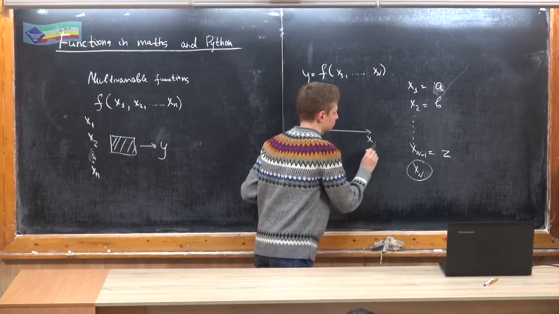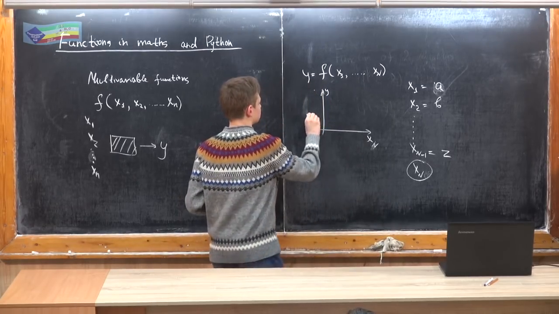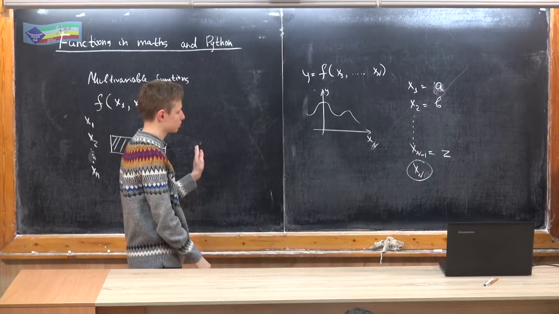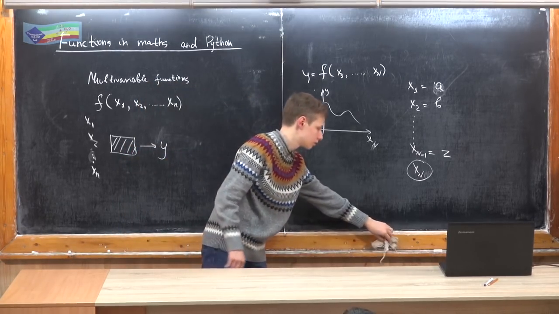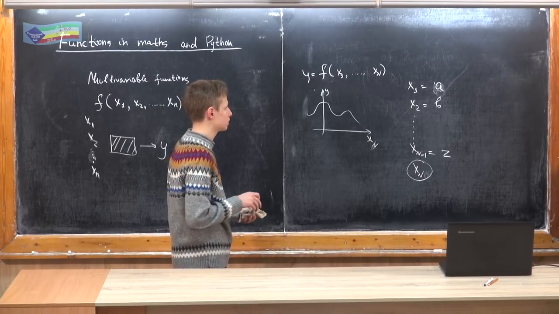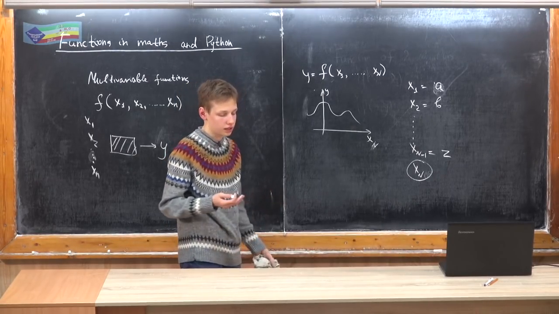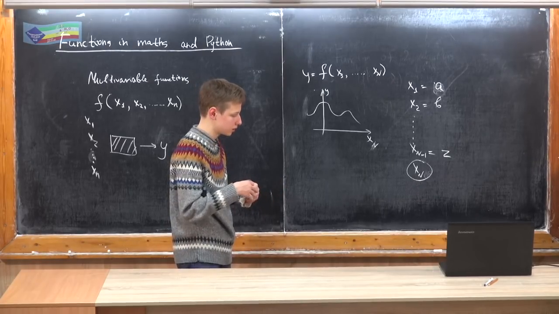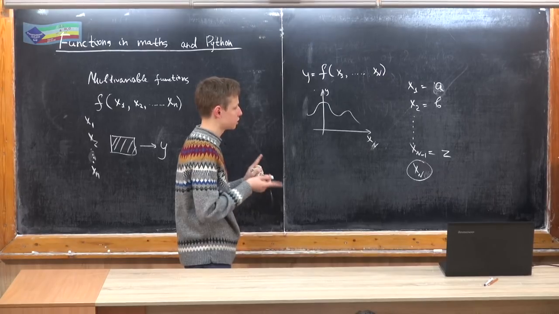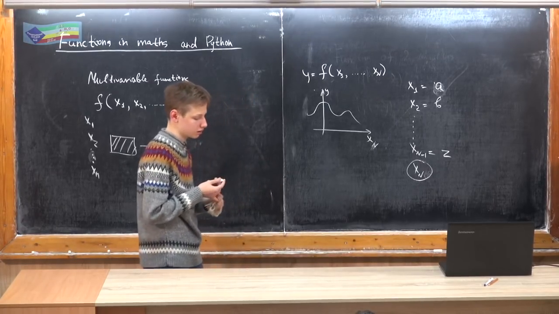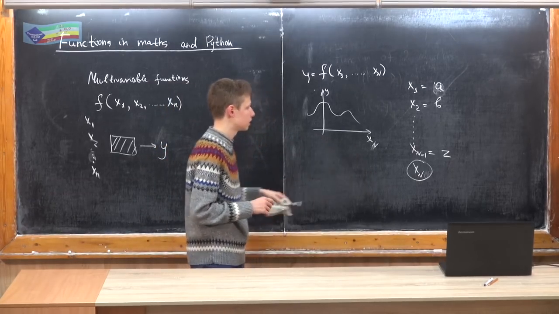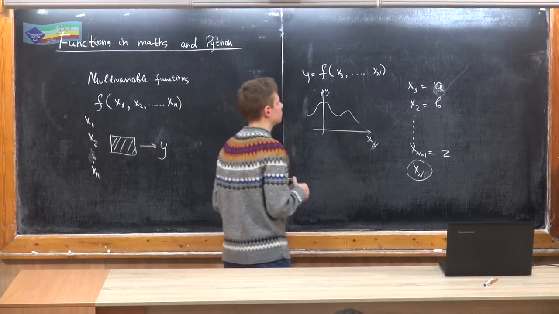In that way we can somewhat understand what abilities our function has, but at the same time we cannot understand how it behaves if we are changing a lot of variables, and that is the maximum we can do with our perception of the world.